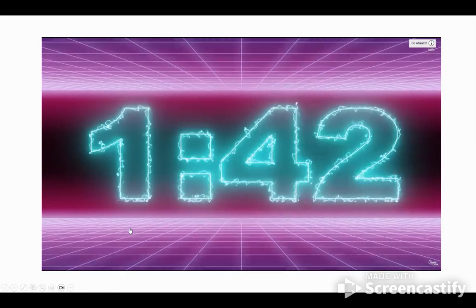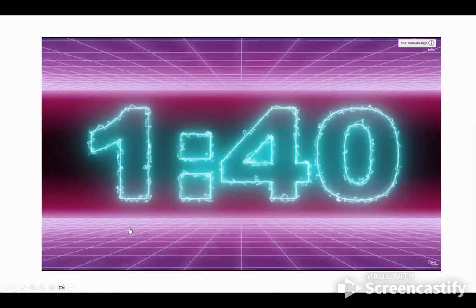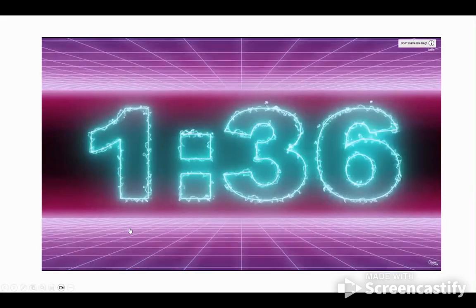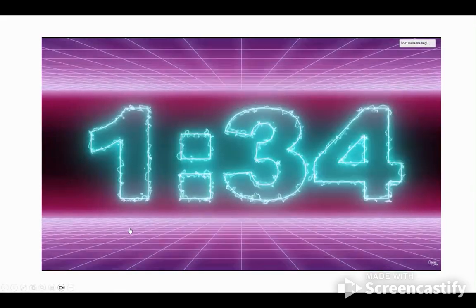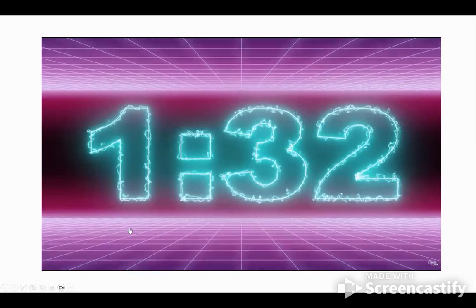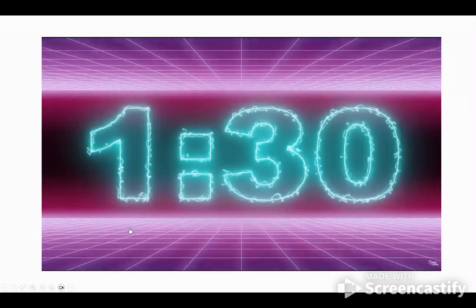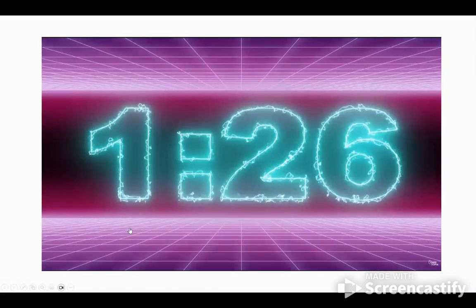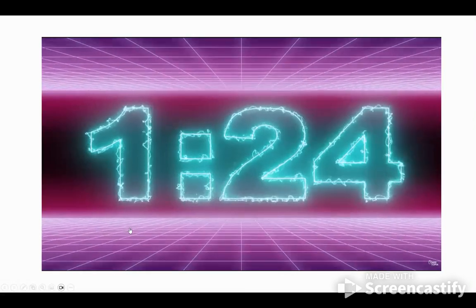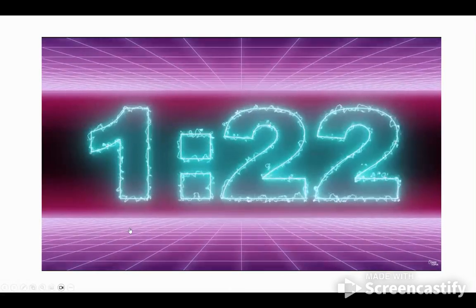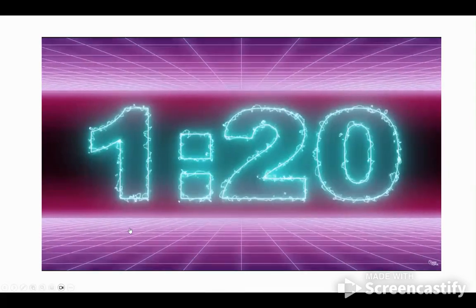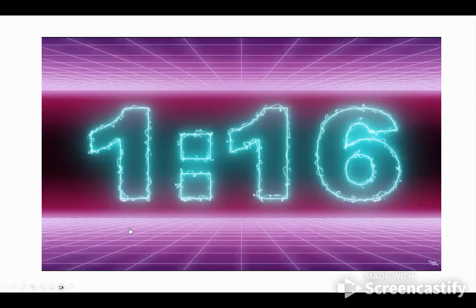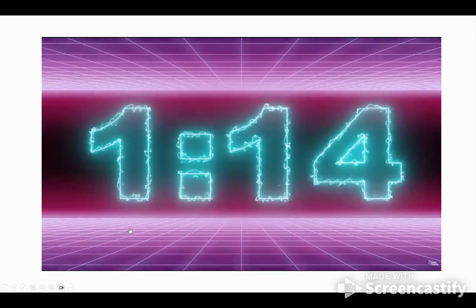And then please write out the number sentence that represents. This is also the activity we would like you to screenshot and share in the blog.